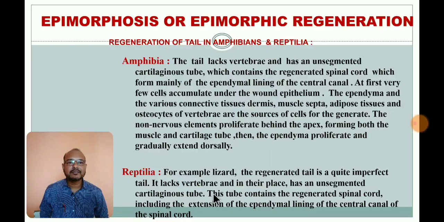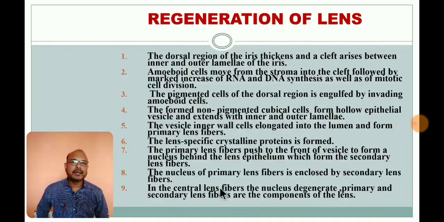It lacks vertebrae and in their place has an unsegmented cartilaginous tube. This tube contains the regenerated spinal cord, including the extension of the epidermal lining of the central canal of the spinal cord.